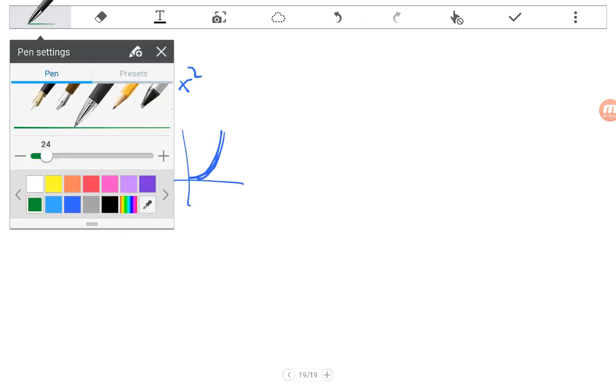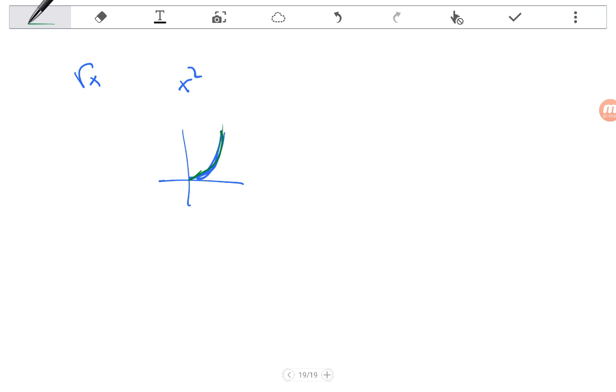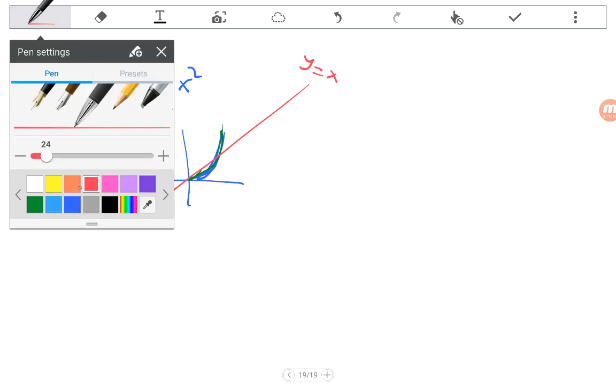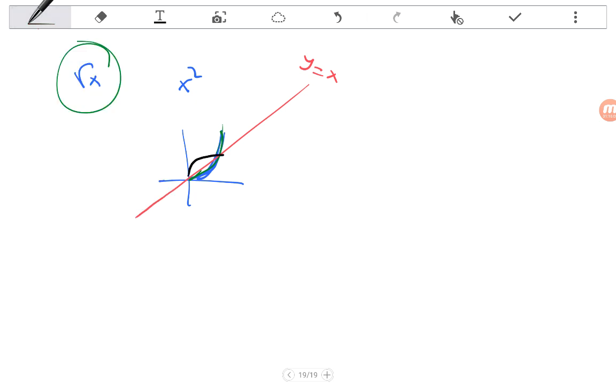I will tell you why later. If I need to find the graph of root x, I just make a reflection about y equals x. It will be something like this, and this is exactly the graph of root x. I get it from a reflection by the line y equals x because these are inverse to each other.